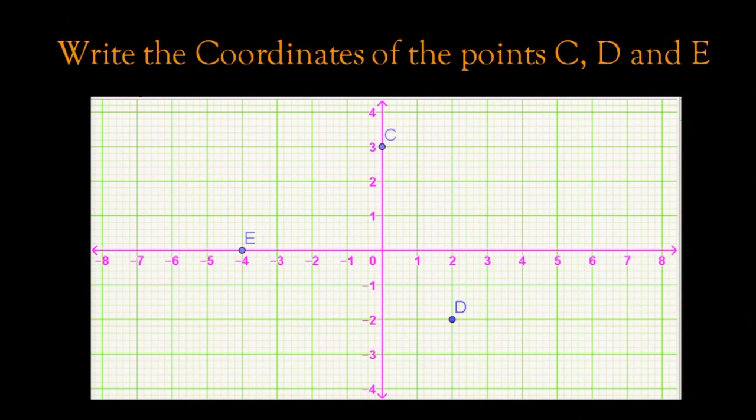The x coordinate is positive because it belongs to the positive direction of the x-axis, and y is negative because it belongs to the negative direction of the y-axis. Or we may say that this belongs to the fourth quadrant. That's why the x component is positive and the y component is negative.